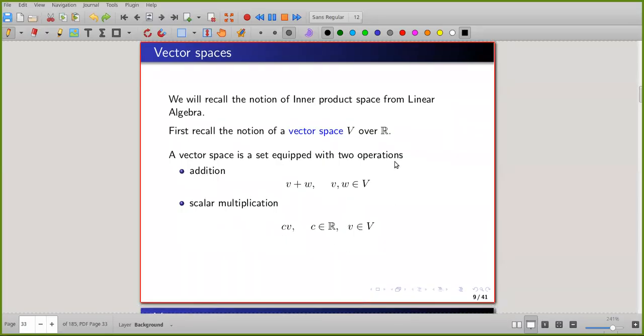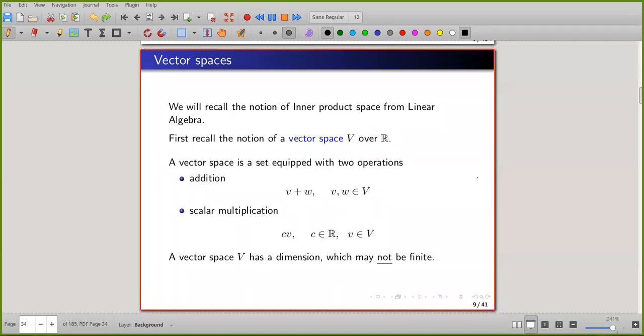These operations satisfy some nice properties, for instance, if we add vectors v plus w and then plus u, this is equal to v plus (w plus u), etc. A vector space has a dimension which may not be finite. I want to emphasize that because soon we will deal with vector spaces which are infinite dimensional.